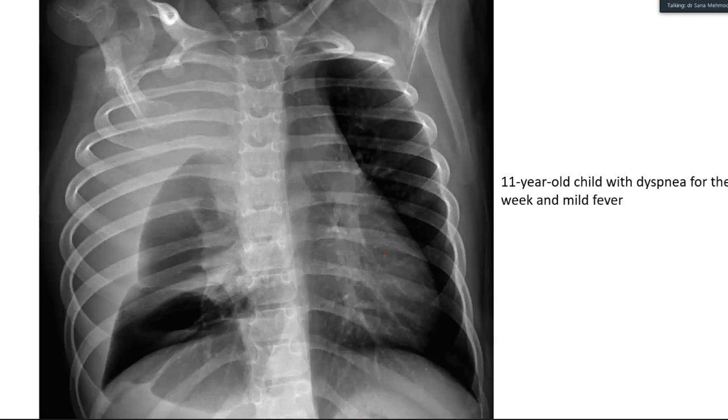Another finding which I forgot to mention is that there appear to be bulky hila on the right side, which might be suggestive of some nodes in the hilum. So my provisional diagnosis in this case would be pleural effusion of infective etiology, and the other differential could be blunt effusion, or if there would be no history of fever, hemothorax would be considered.